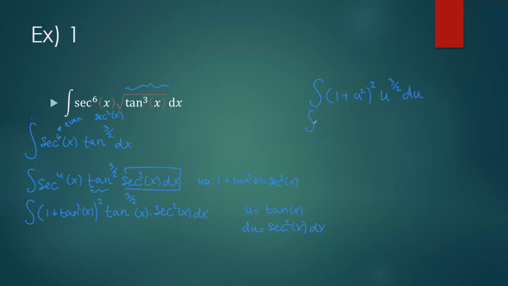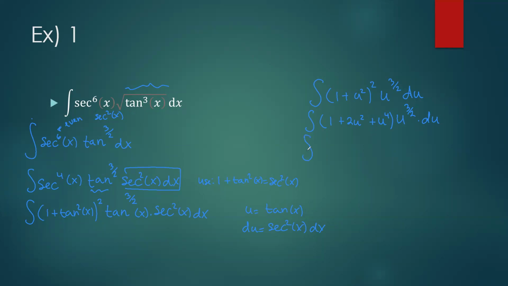Okay. Then I'm going to FOIL out the 1 plus u squared raised to the second power. When I FOIL that out, that's going to be 1 plus 2u squared plus u to the 4th, times u to the 3/2, times du. Then I would distribute this u to the 3/2.